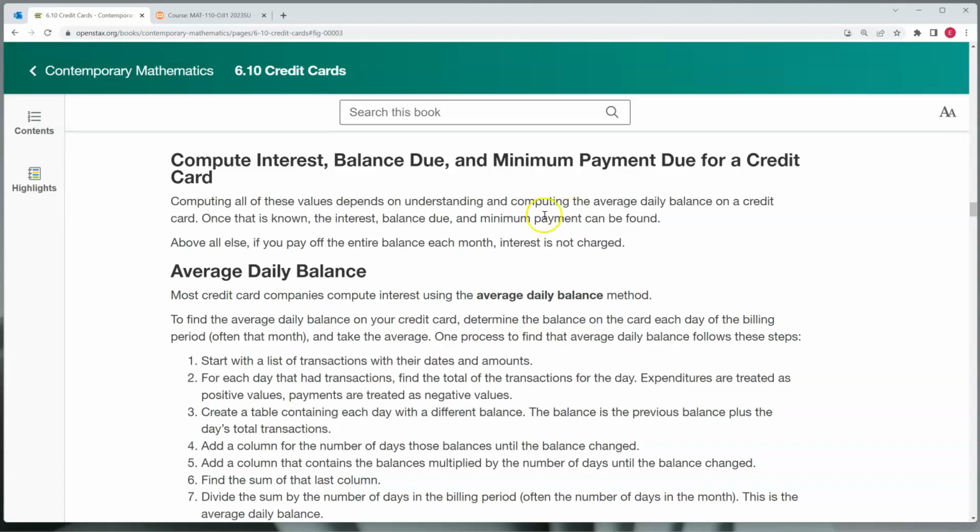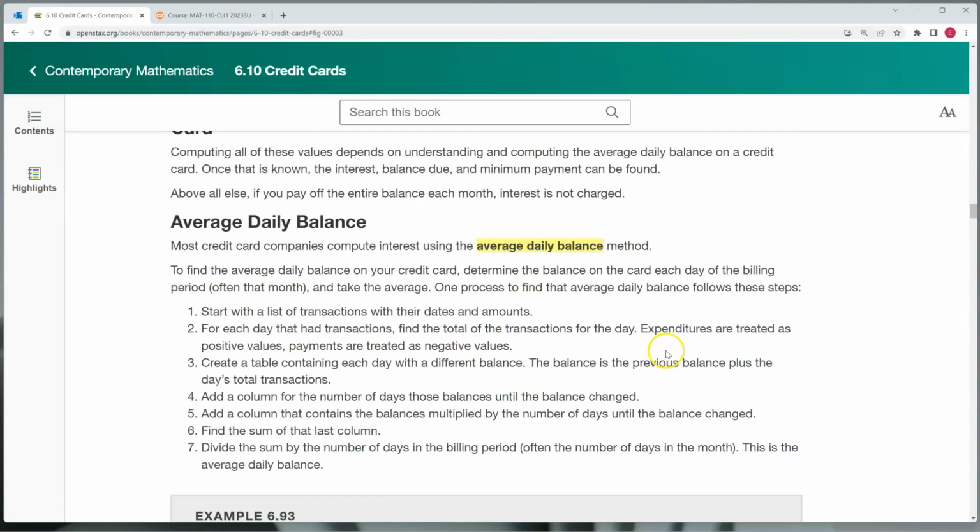They use something called the average daily balance, which is supposed to make it more fair on the purchases that you make. But it also does end up complicating the math just a little.